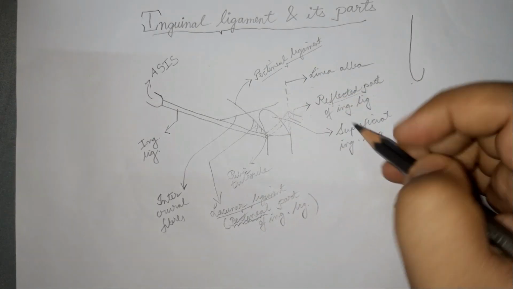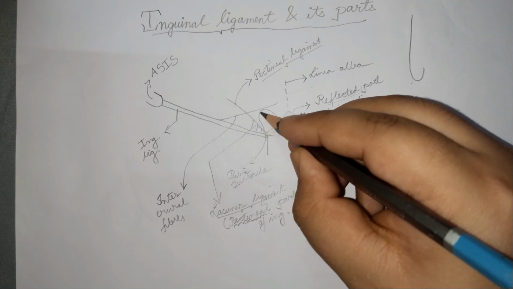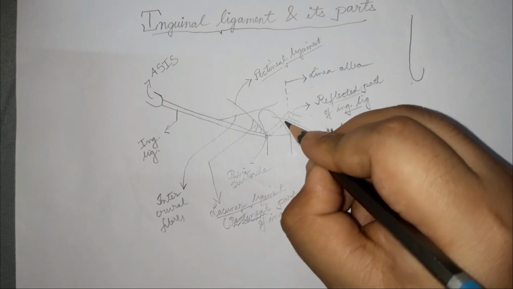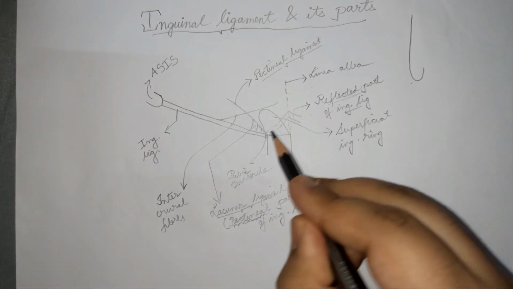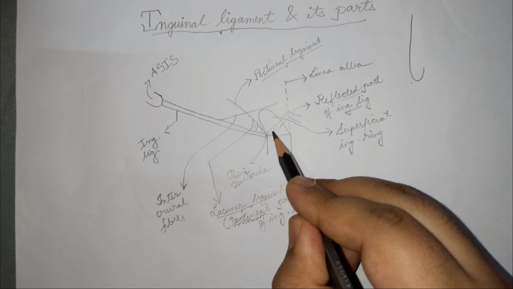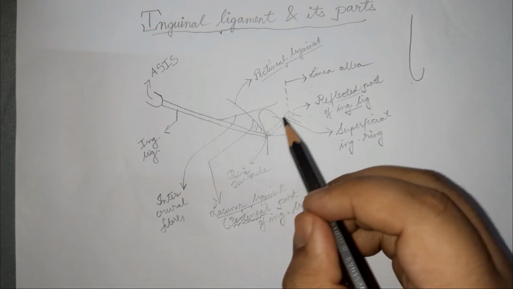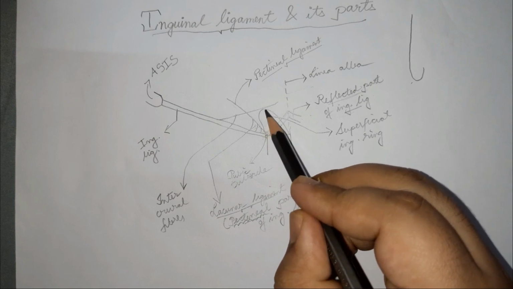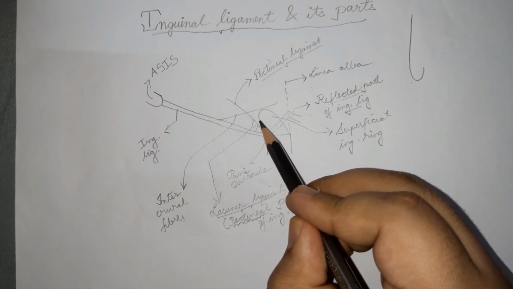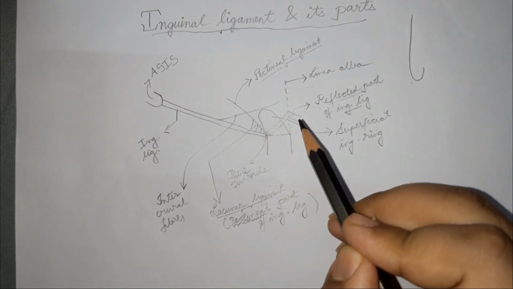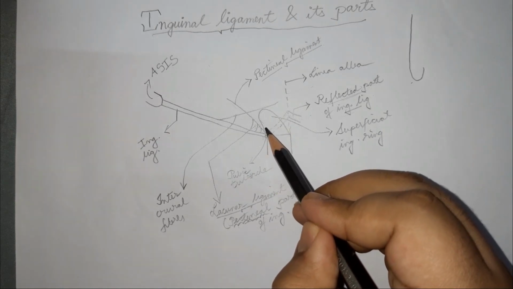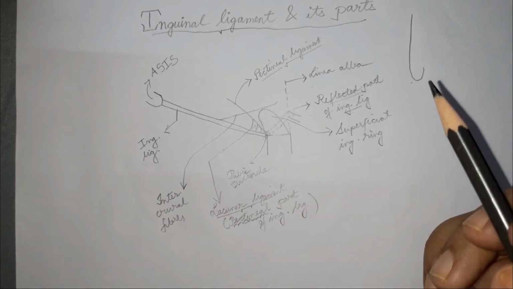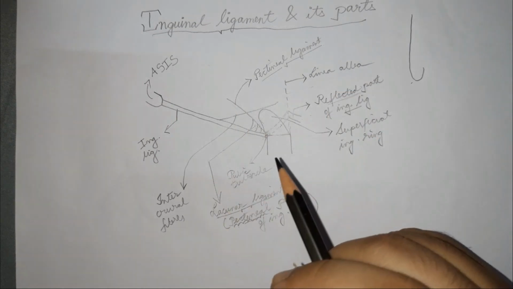From the lateral crus of the superficial inguinal ring, the reflected part of the inguinal ligament takes origin. I had mentioned that the reflected part of the inguinal ligament comes more or less from the pubic tubercle, but from where exactly is it taking origin? It is taking origin from the lateral crus. This is the lateral crus, this is the medial crus. I hope you can get that. I forgot to mention that, I'm sorry for that.